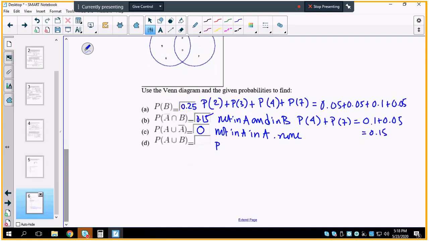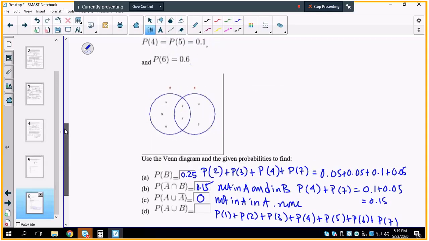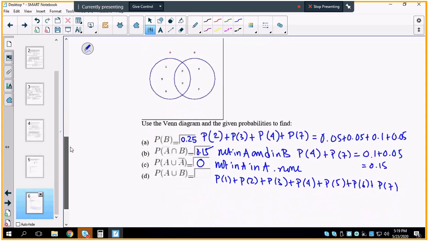So I will say this is probability of 1 plus probability of 2 plus probability of 3 plus probability of 4 plus probability of 5 plus probability of 6 plus probability of 7. And I know that probability of 1, 2, 3 and 7 are all 0.05, 4 and 5 are 0.1, and 6 is 0.6.